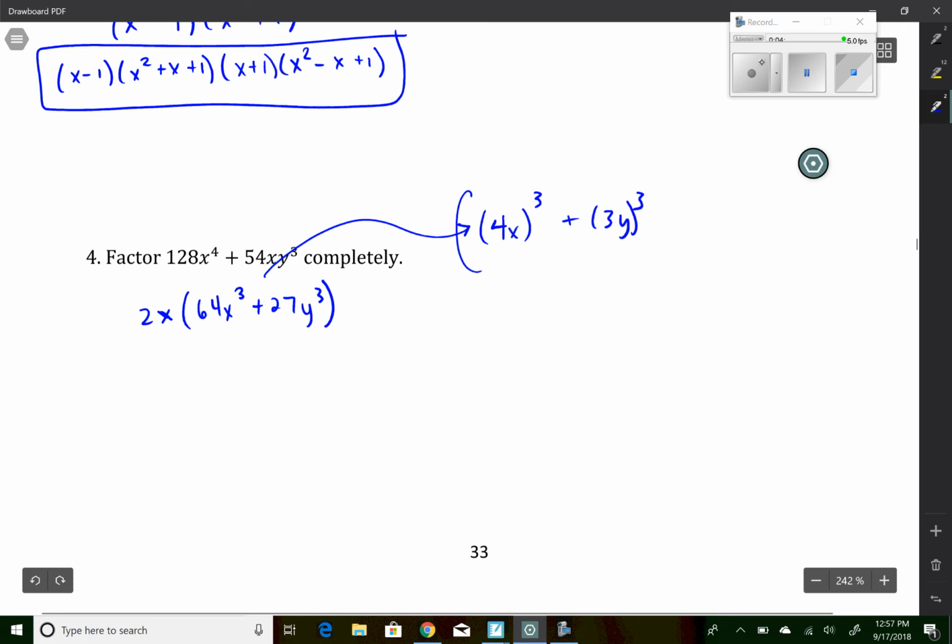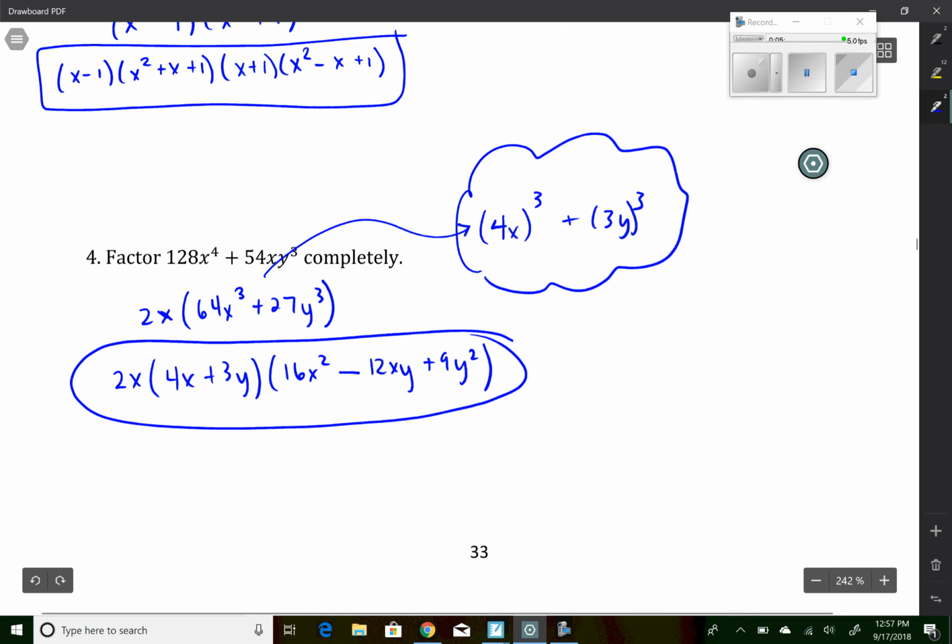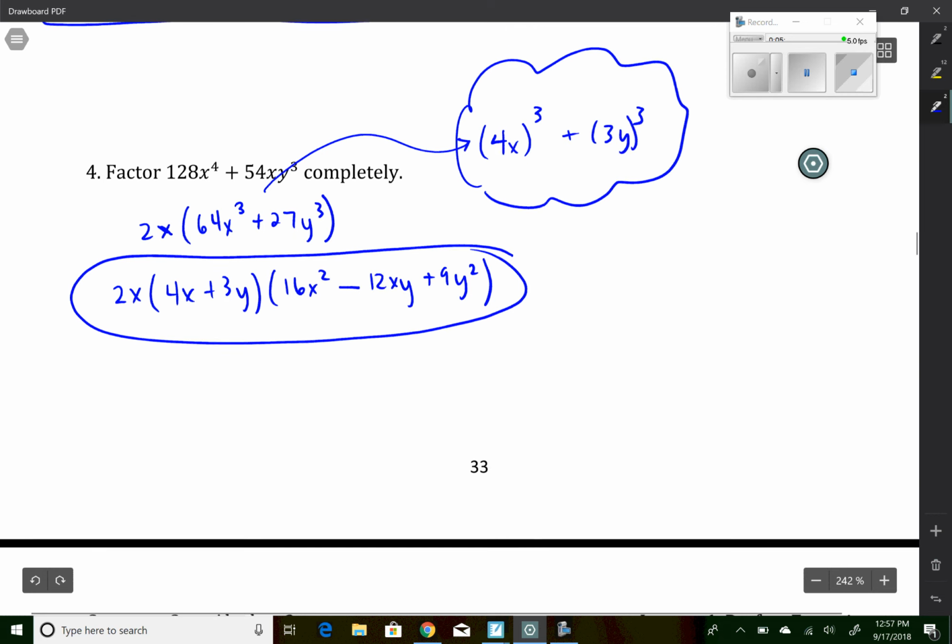That's what we're doing, like mental math, I'm hoping. So this 2x is just going to hang out outside. We're going to get (4x plus 3y)(16x squared minus 12xy plus 9y squared). Nothing else is factorable, so we are done.